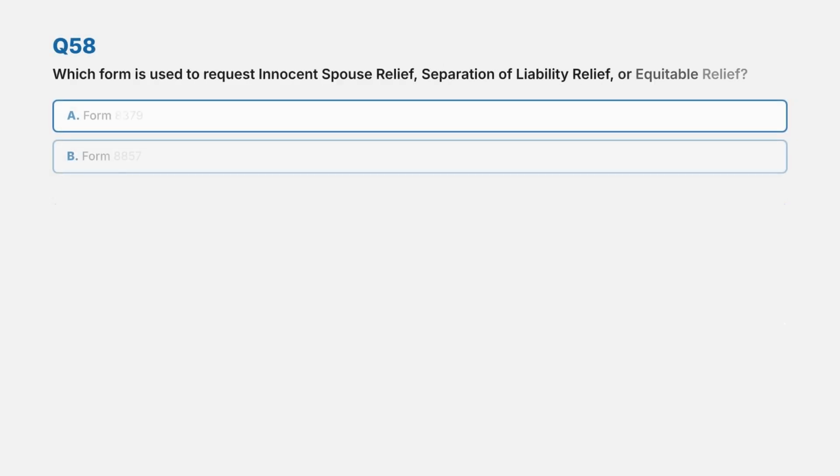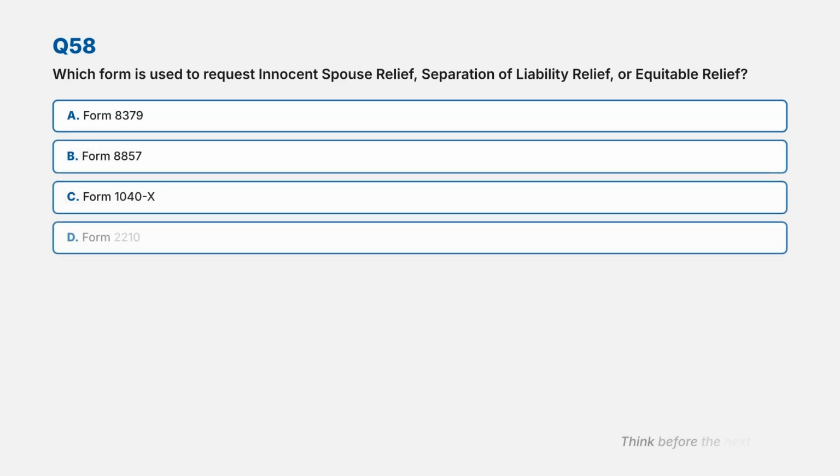Question 58. Which form is used to request innocent spouse relief, separation of liability relief, or equitable relief? A. Form 8379, B. Form 8857, C. Form 1040X, D. Form 2210.